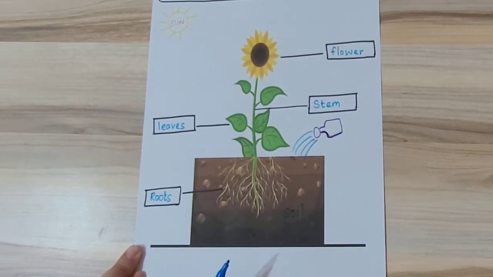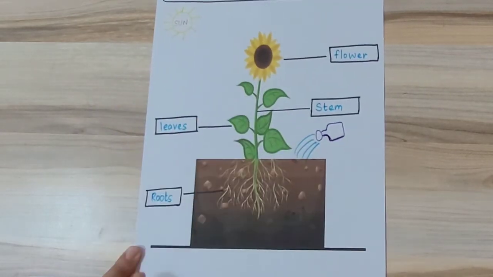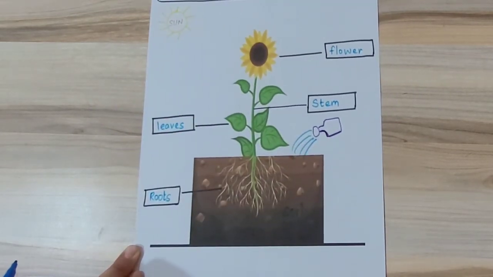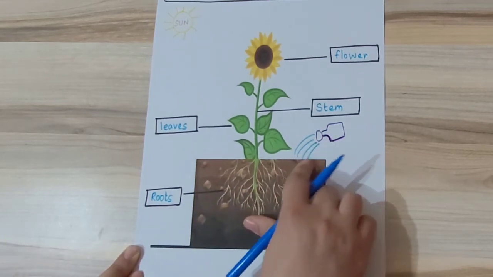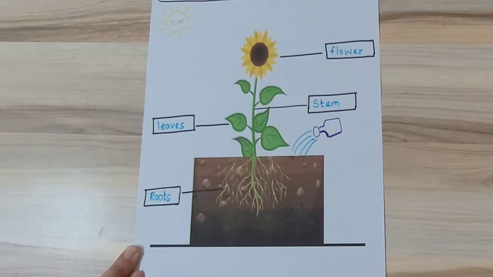The second thing is sunlight. Sunlight is the second essential need for the plant in order to grow. The third is water. The third essential thing is water.